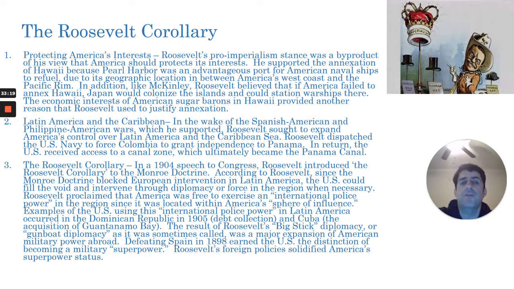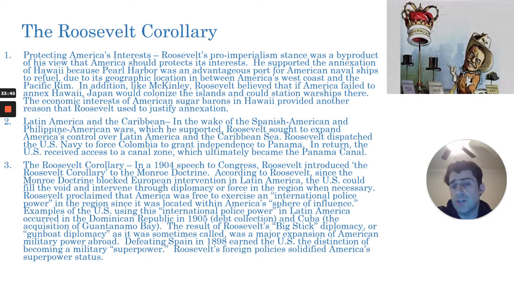Roosevelt's foreign policy is perhaps best summed up by the Roosevelt Corollary, which he introduced in a 1904 speech to the U.S. Congress, both houses of Congress. He was addressing them at once, and he brings up what he called the Roosevelt Corollary to the Monroe Doctrine.